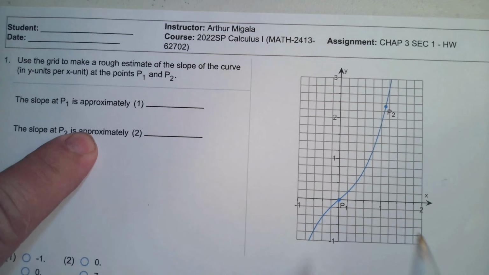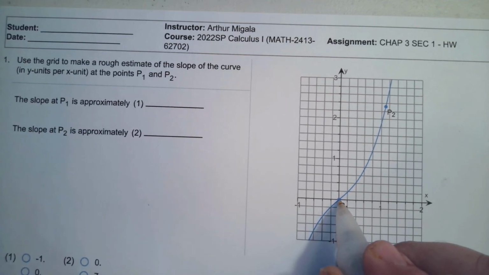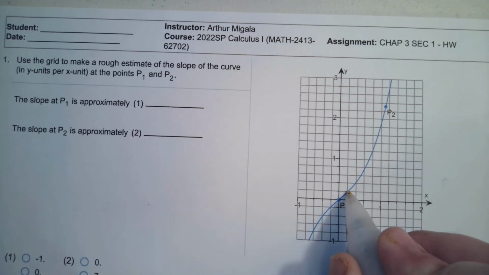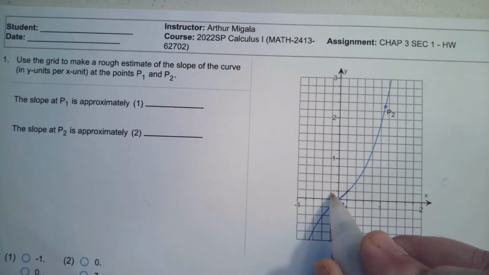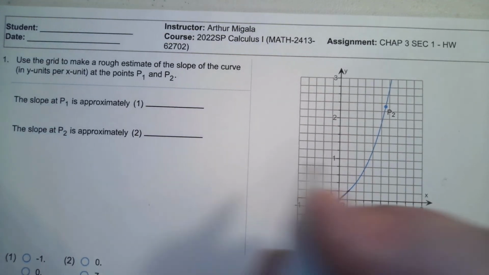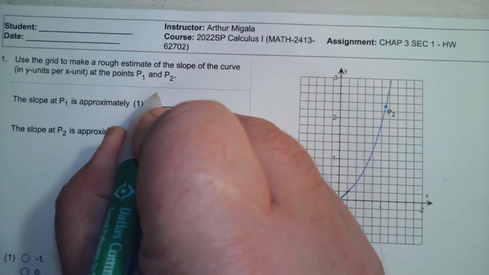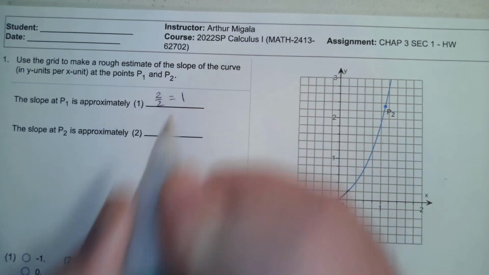The slope of P1. Since it's a point on that curve, let's look at 2 points that go through there. So we'll go through this point to that point. Go 1, 2, 1, 2. So the slope is 2 over 2, which is 1.